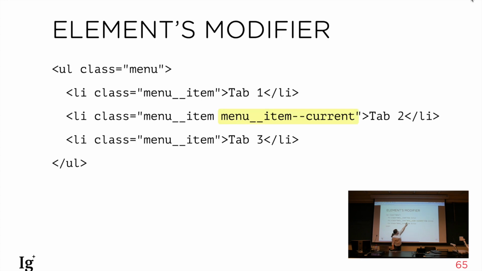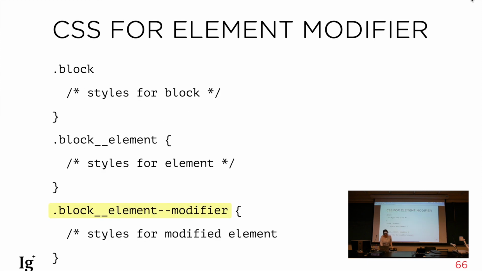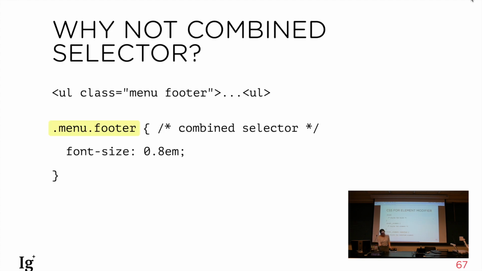So you provide modifier for an element, but in here you prefix with the whole construction. So first it is block, then which element it belongs to, and then what is the name of the modifier. So this is just to repeat the naming scheme.